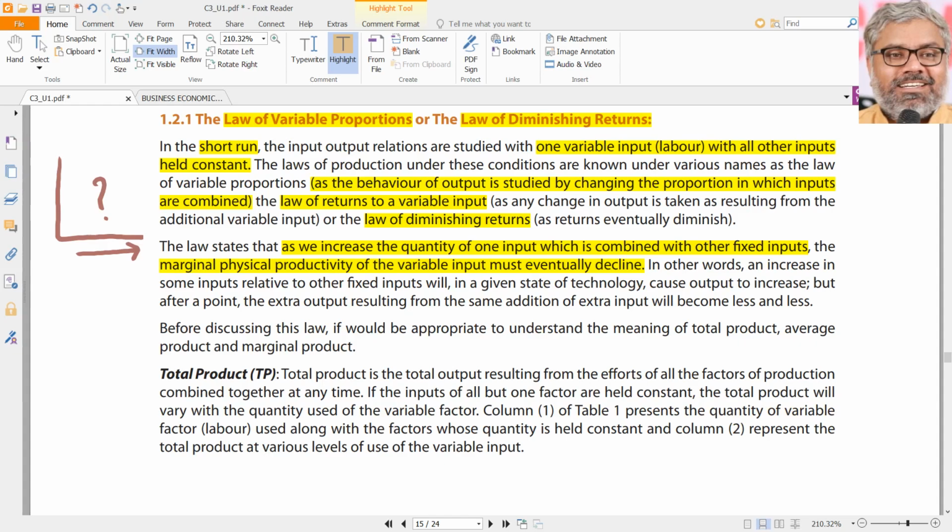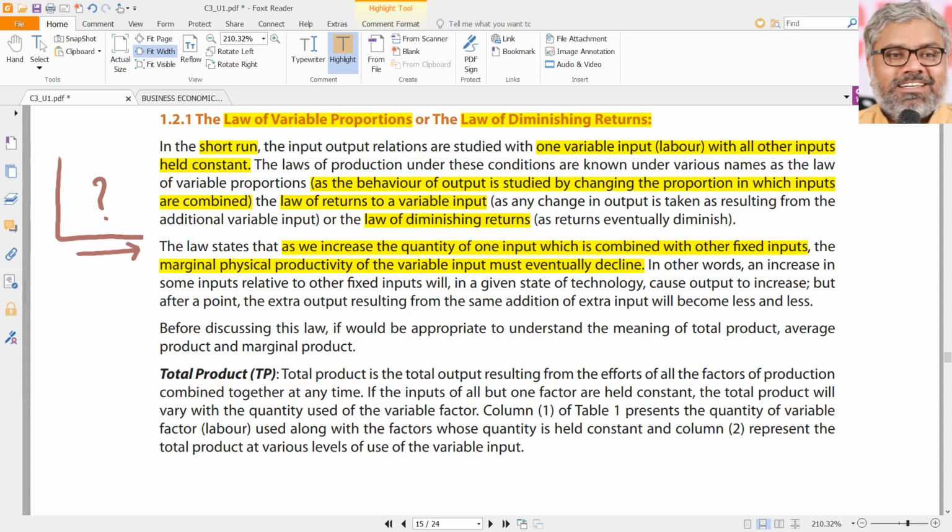What is marginal? Same, one plus. So as we increase one input, let us say an additional one unit of labor, one more laborer is appointed. What is the additional production that is generated by this labor? That is what is marginal physical productivity of that variable input.